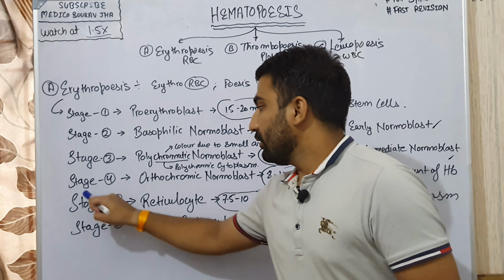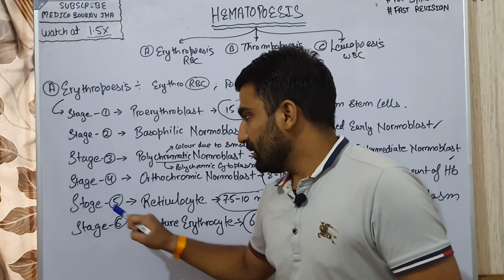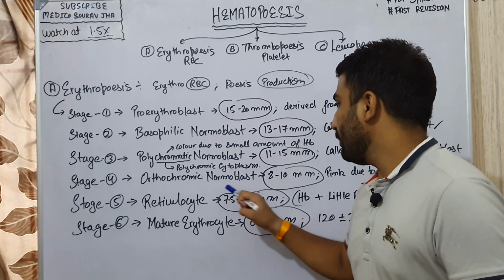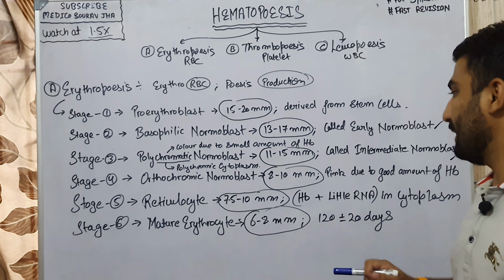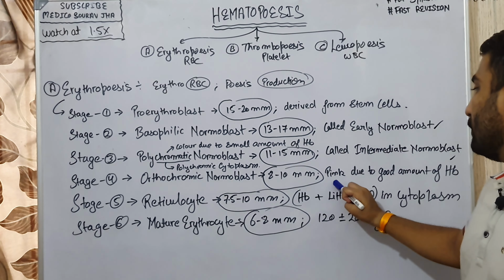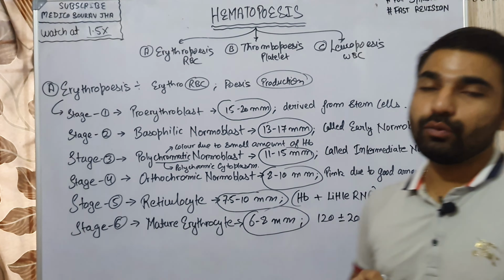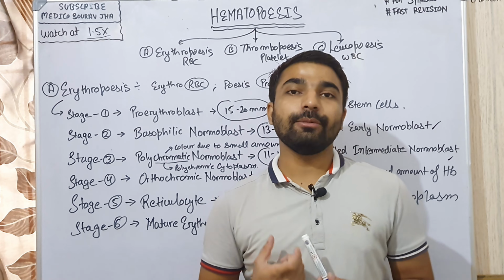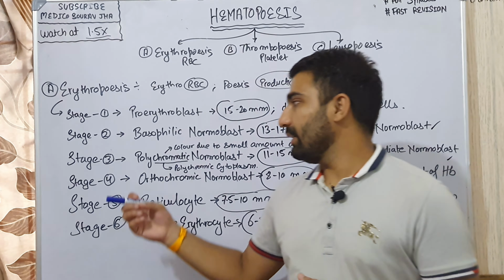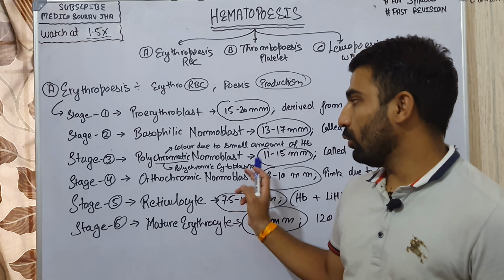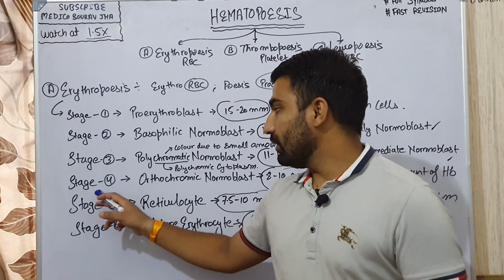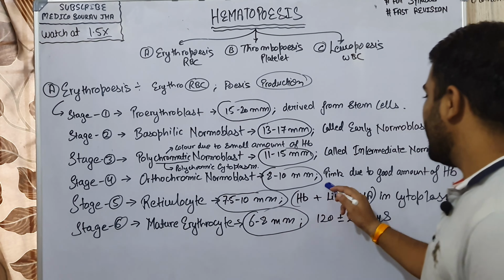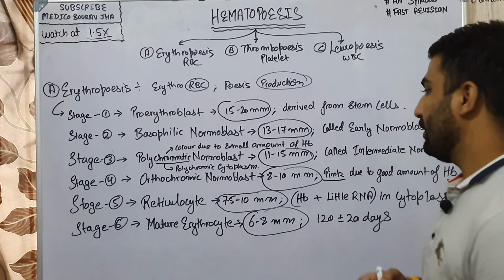Then the fourth stage is orthochromic normoblast. Again the size has decreased. You can see here, the color appears pink due to presence of good amount of hemoglobin in this stage, because little hemoglobin is already present in the polychromic normoblast stage. So now the hemoglobin content is present in good amount, so it has turned into pink color.